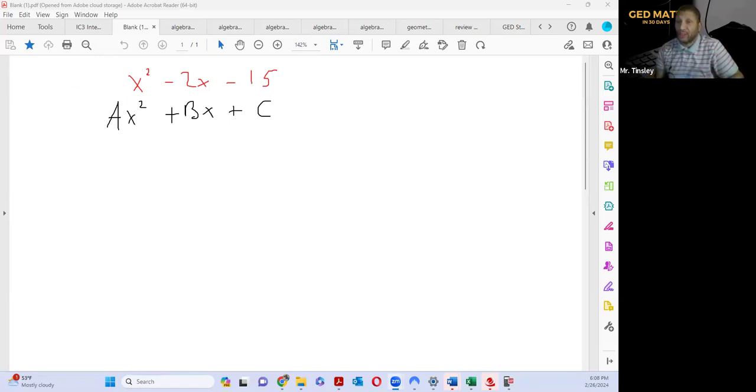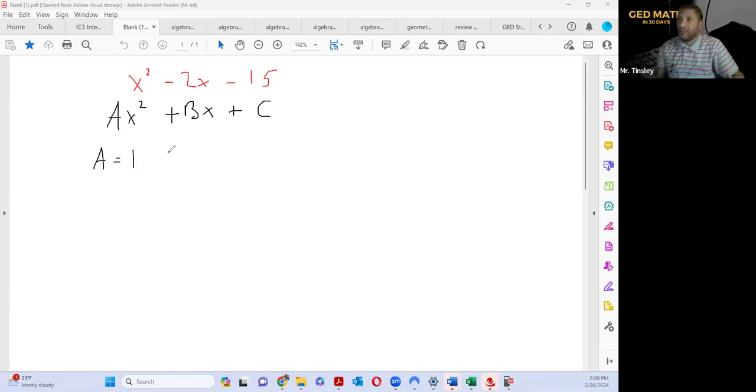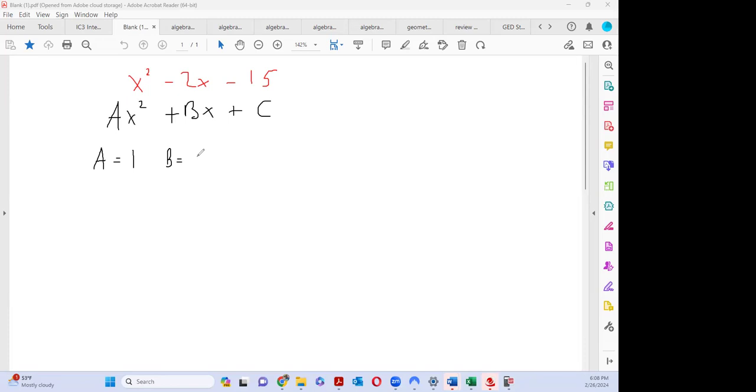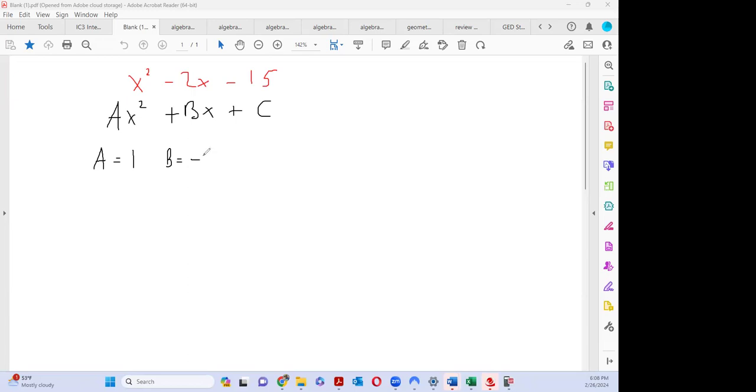Yes, it is. So let's identify the coefficients. What coefficient is in front of the x squared? 1. What coefficient is in front of the x? Not 2, -2.